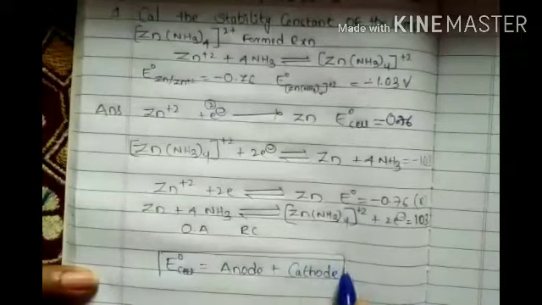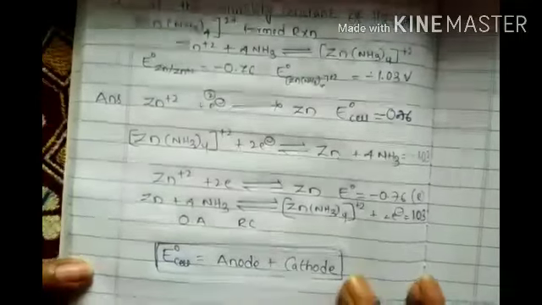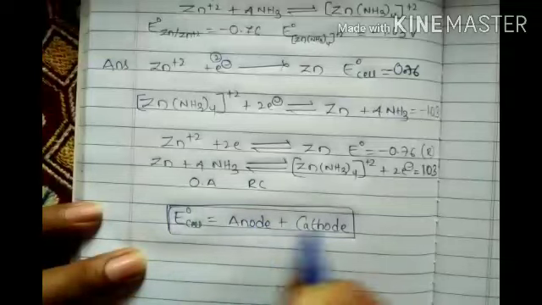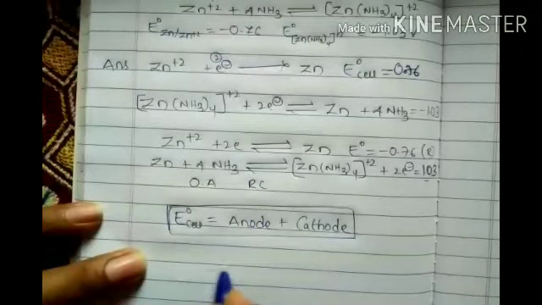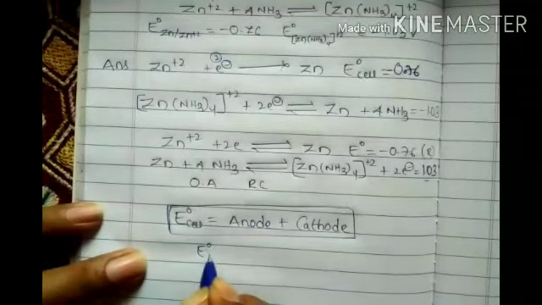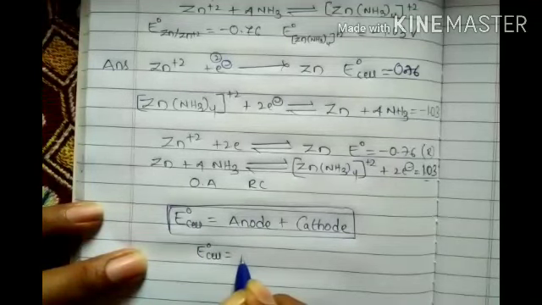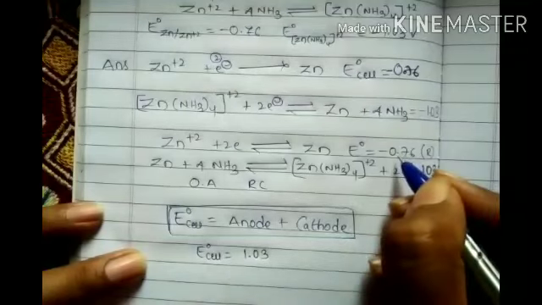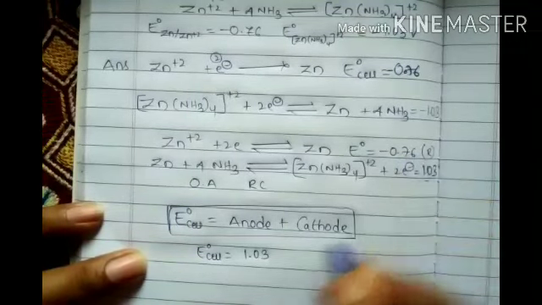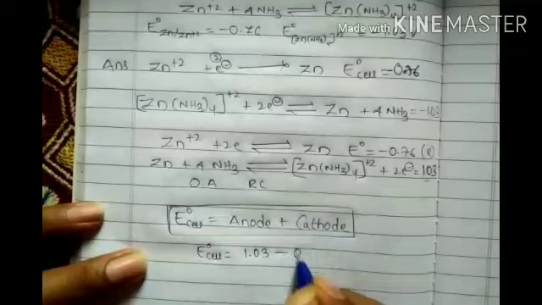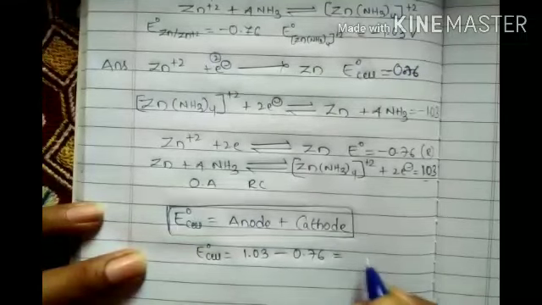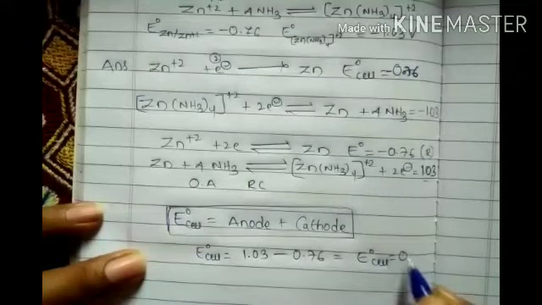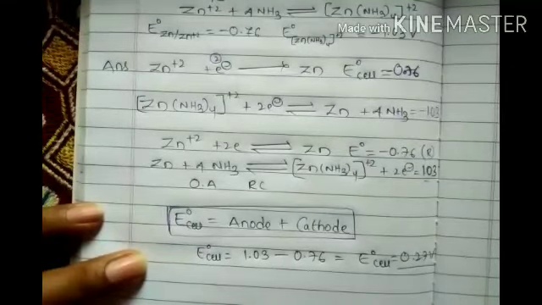You know this formula? Just apply this formula. First the anode, take this one. E naught cell equals anode 1.03 plus, and minus cathode, which is minus 0.76, so plus into minus gives minus 0.76. So finally E naught cell will come, it is 0.27 volt.